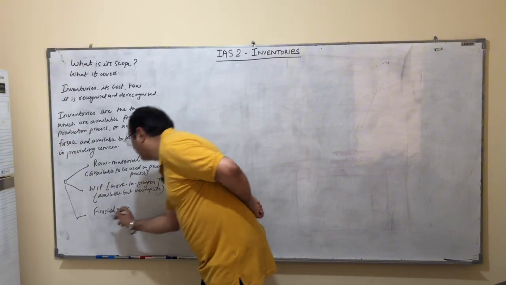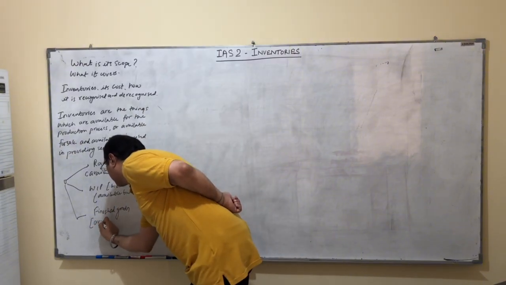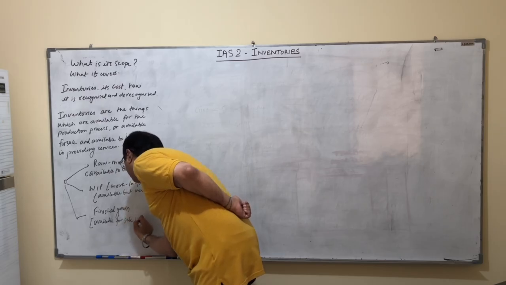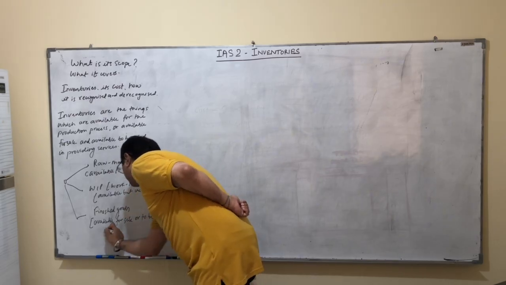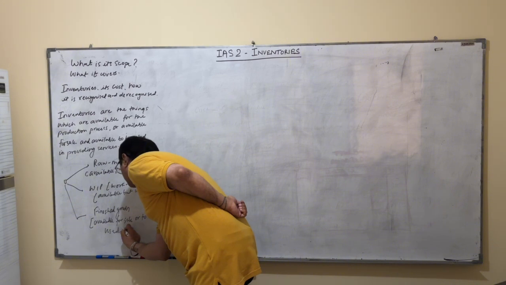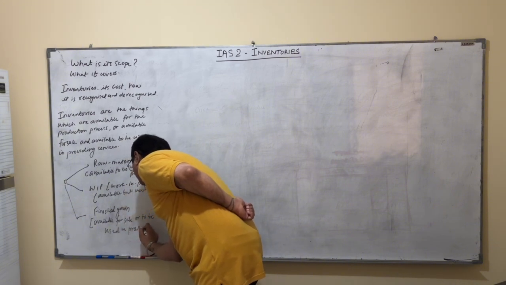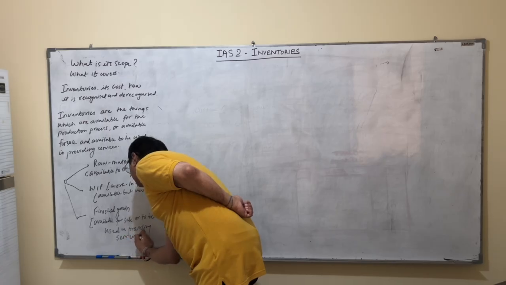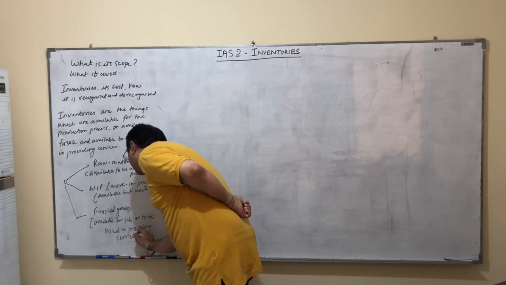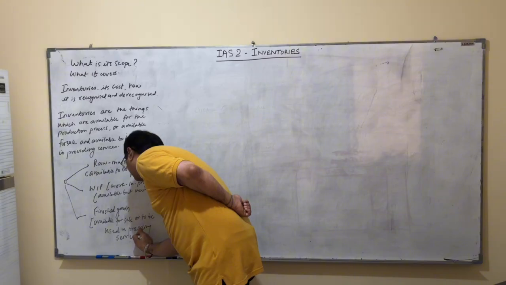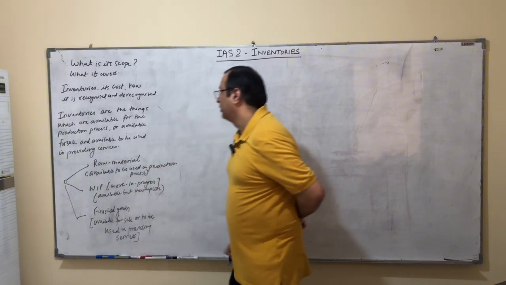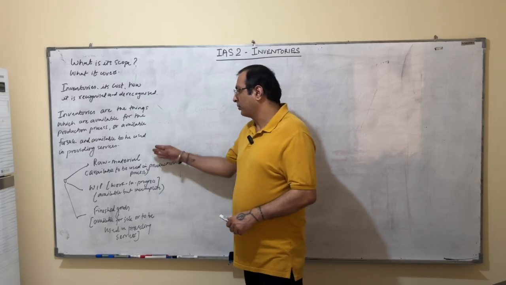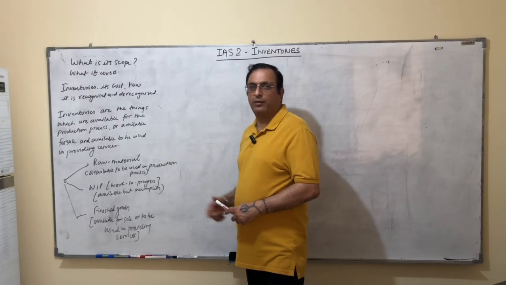Finished goods are available for sale or to be used in providing services, right guys? So guys, as we have seen, inventories are classified in three categories: raw material, work in progress, and finished goods.